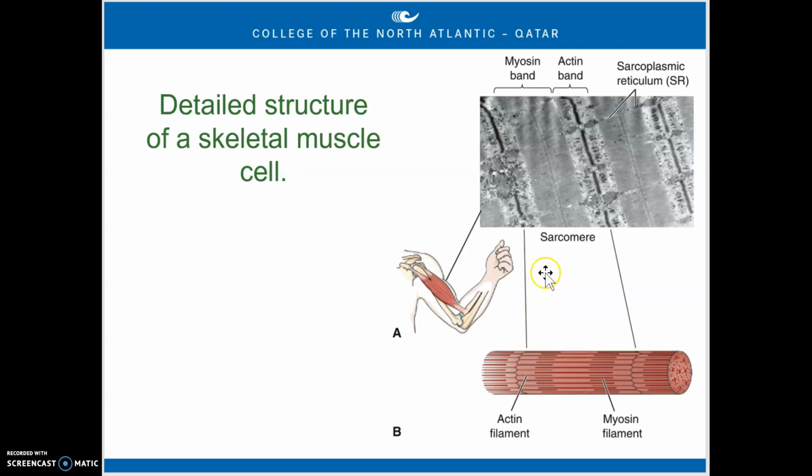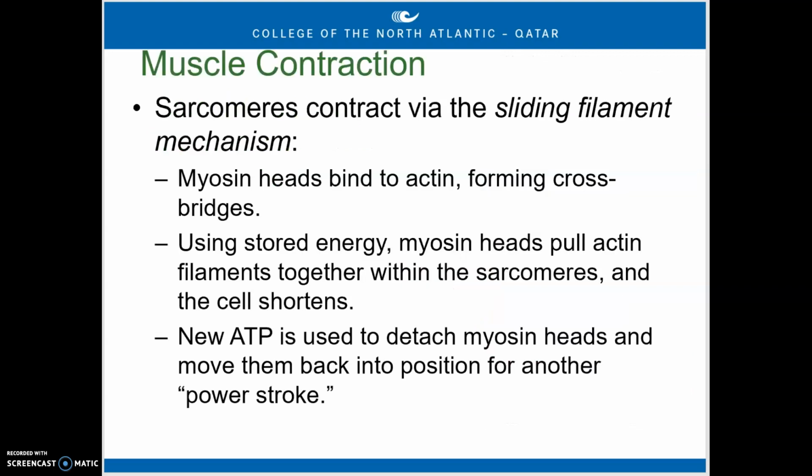Down here in the cartoon, you can see the actin filaments right there, and the myosin filaments are the thick red ones along here. This is going to make up a single sarcomere. Okay, let's keep that sarcomere in mind.